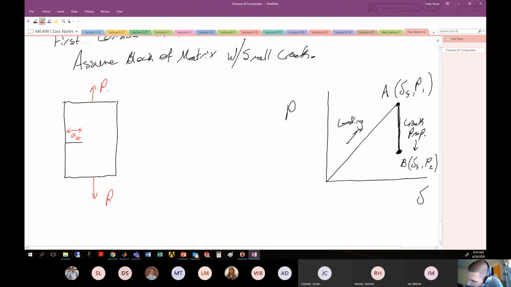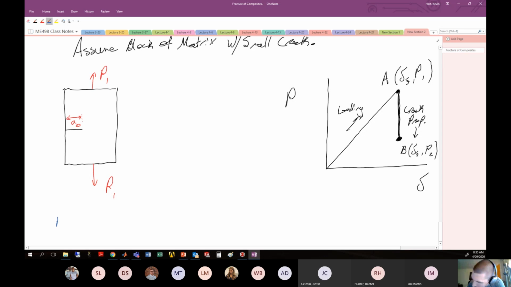So we load, and we get to the value of P1. So this figure here is right before failure. The crack has not yet propagated. It's still at whatever original length it had, A0. And right after failure, we'll have the same displacement.